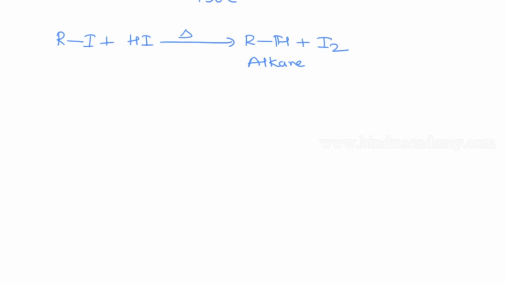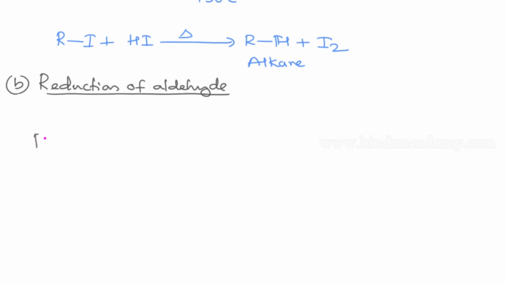In the next part, take an aldehyde, reduction of aldehyde. This is part B. We know that aldehydes can be represented as R, C double bond O, and here it should be the hydrogen.